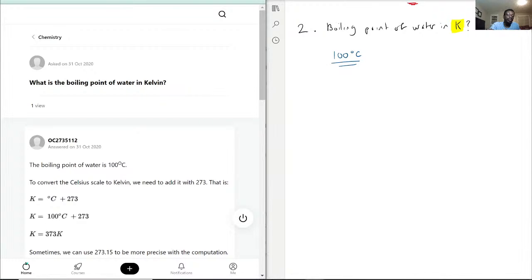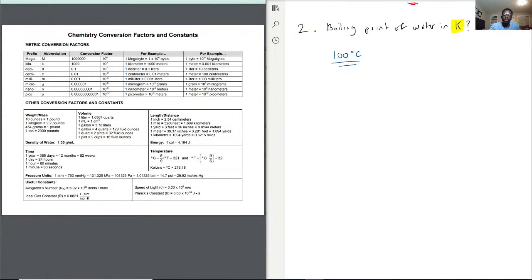So I do advise that you memorize this, but for those that don't have it memorized, it says here that Kelvins is equal to degrees Celsius plus 273.15. That's what we're going to use here. So Kelvins is equal to degrees Celsius plus 273.15.